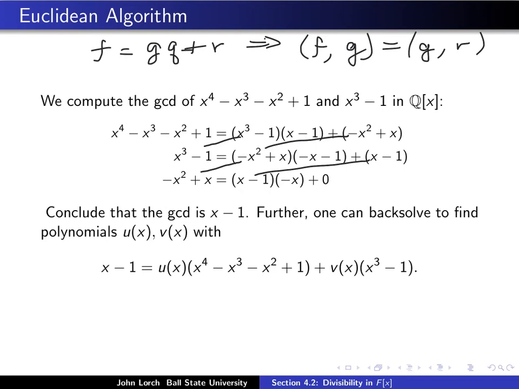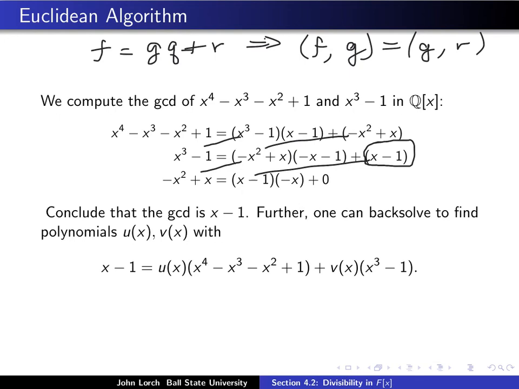And this time I see that the remainder is 0, meaning x minus 1 divides evenly into minus x squared plus x. And that allows me to conclude that this last non-zero remainder, x minus 1, is my GCD.